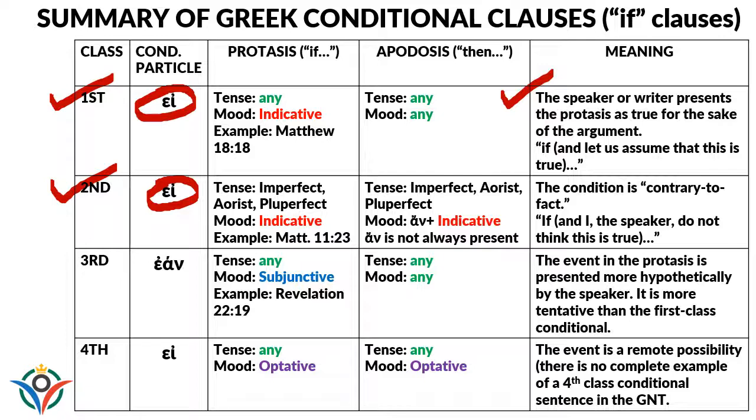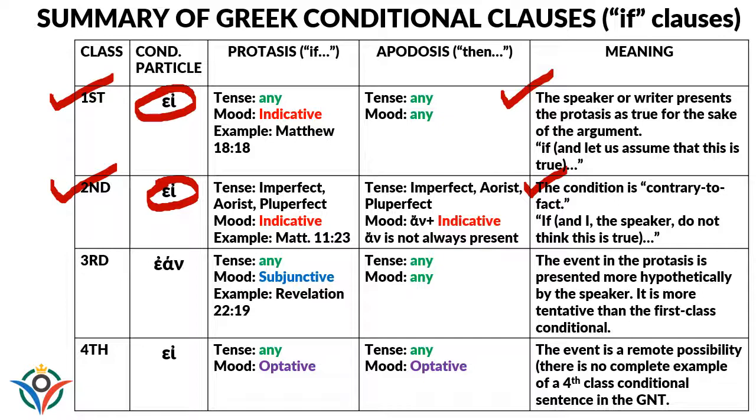The mood, however, is an plus the indicative, but sometimes an is not present. And then the meaning of the second class conditional clause is this: the condition is contrary to fact. So if this writer says if, what he means by that is, and I, the speaker, do not think this is true.